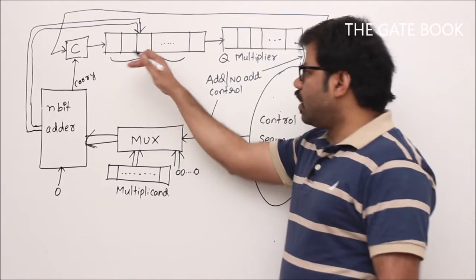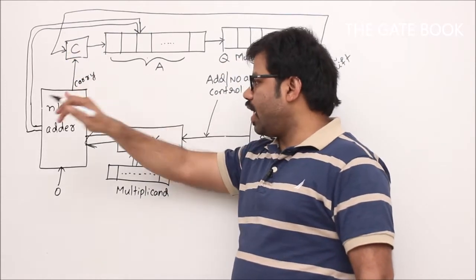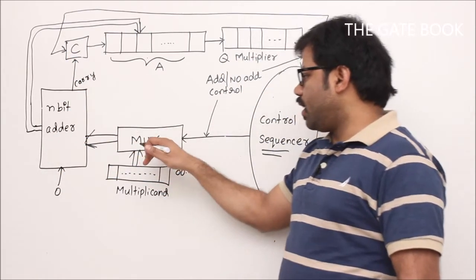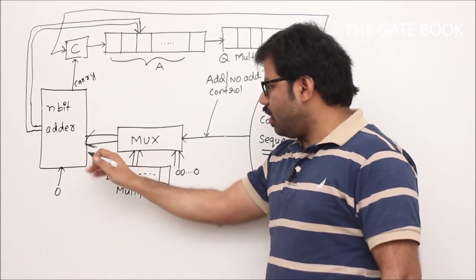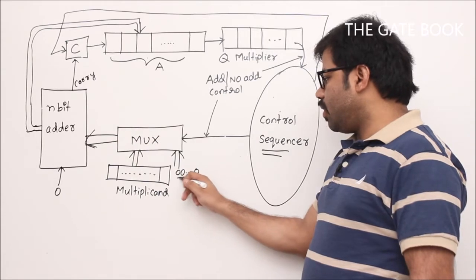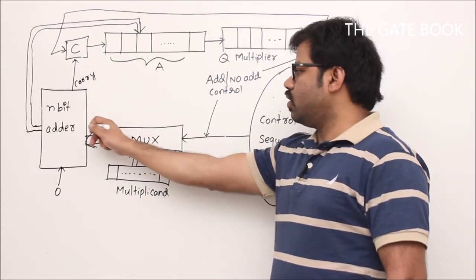Now we have register A, register Q, and one flip flop called C, and we have one n-bit adder and one multiplexer. Why the multiplexer? Sometimes we have to add the multiplicand, sometimes we should not add anything. That means symbolically the multiplexer should select zeros for addition.